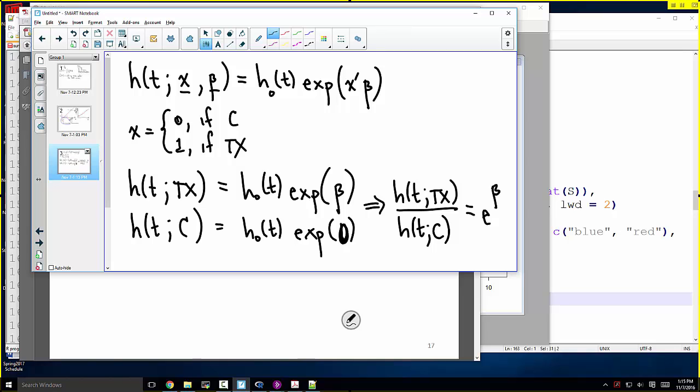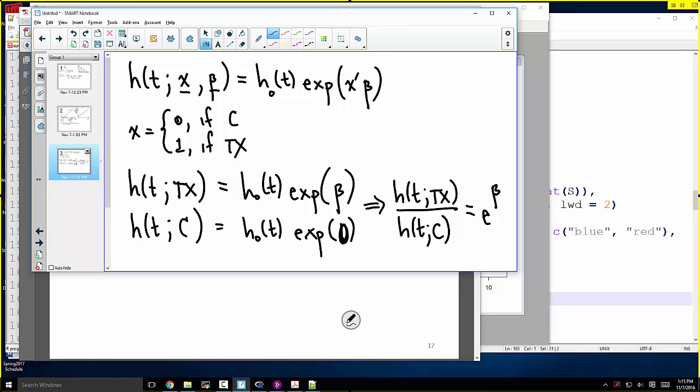Comparing any two individuals at the same time, the baseline hazards will cancel out, so there is no effect of time. All that's left is comparing the beta pieces, the linear combination of the coefficients. So e to the beta for any one beta coefficient is a hazard ratio.